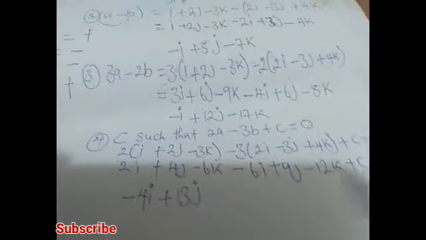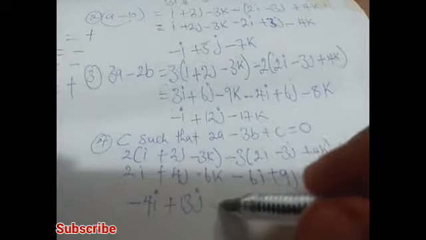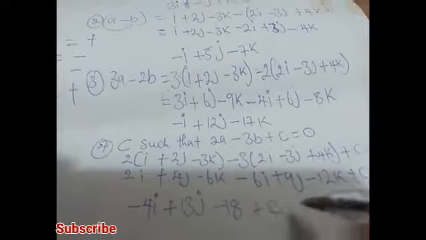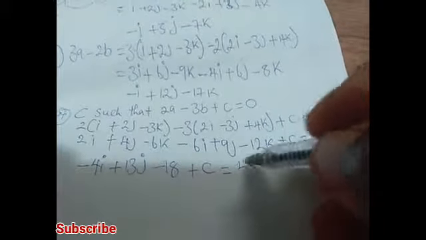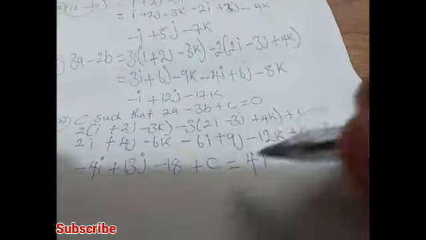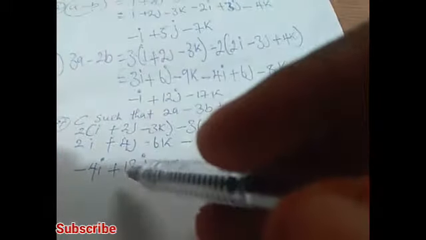You have 6 and 12, that is minus 18 plus c. Now making c the subject of the formula, when the others cross over the bridge, as I prefer to call it, they change sign. So minus 4i crosses over and becomes 4i.